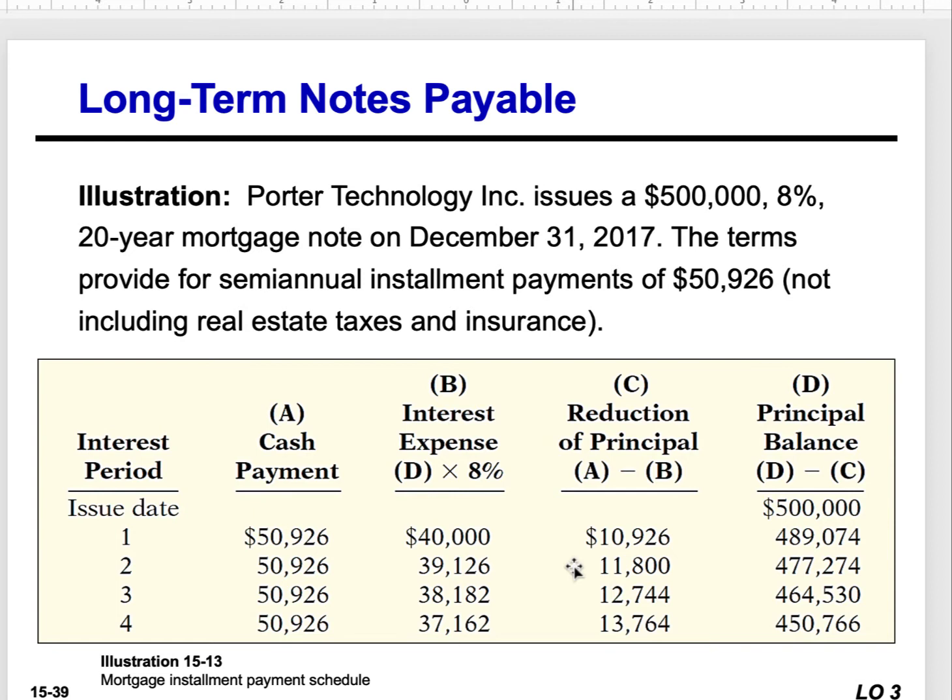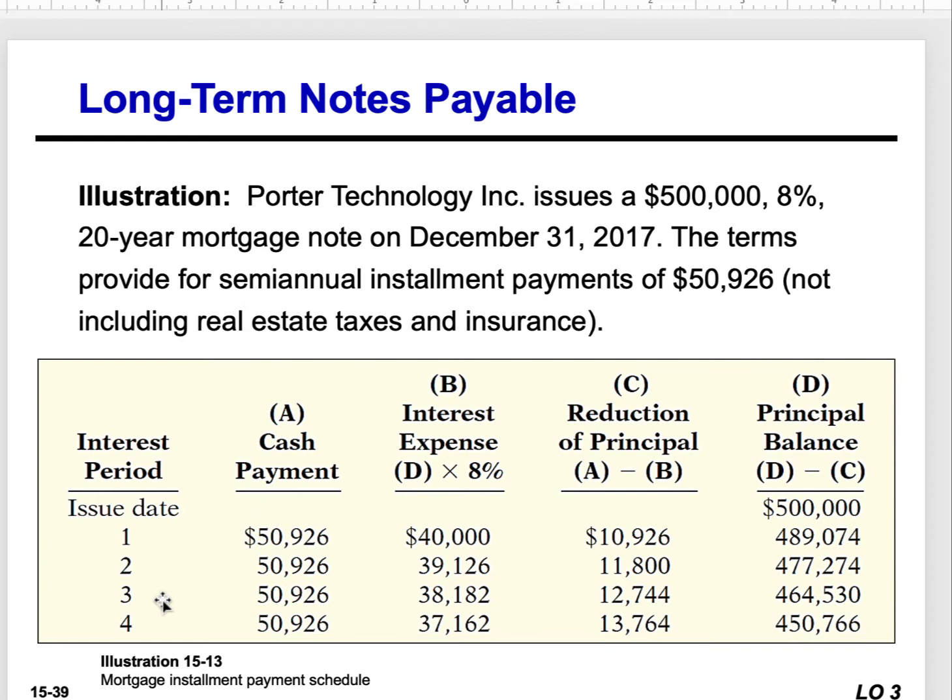Before this second payment, what was our balance? Well, it was $489,074. We made our second payment, so we subtract out the $11,800. After this second payment, we have a principal balance now of $477,274.